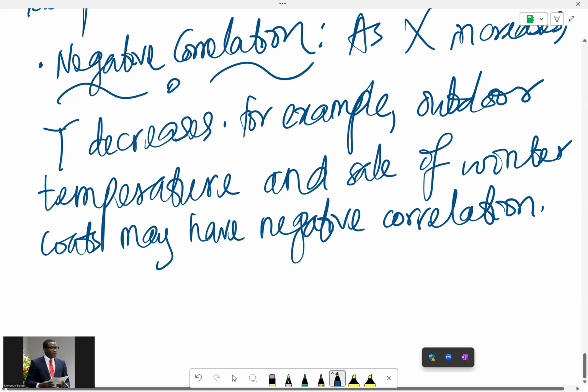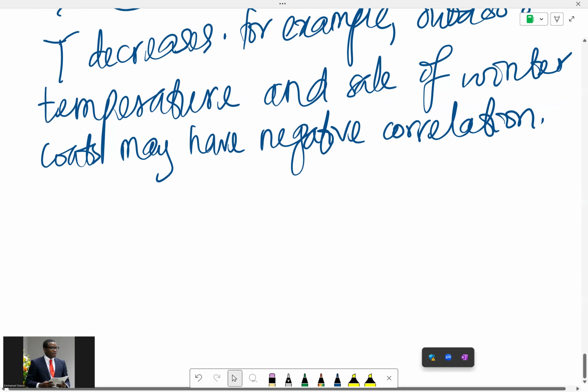That simply means that if the temperature is high, the need for winter coats is low. If the temperature is low, the need for winter coats is high. So that's a very perfect example of negative correlation.